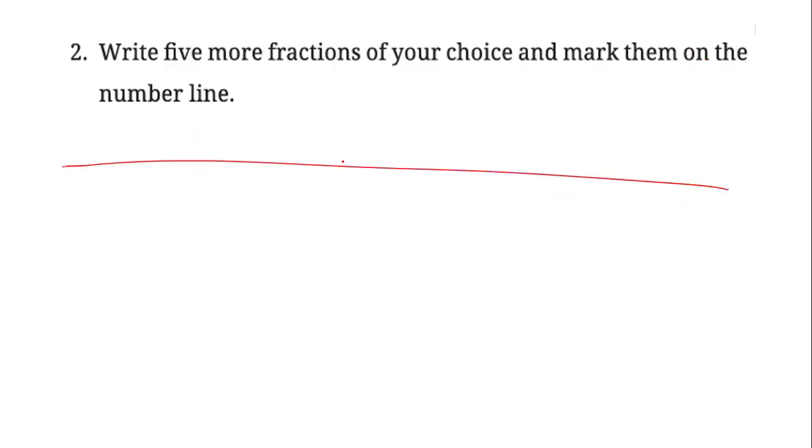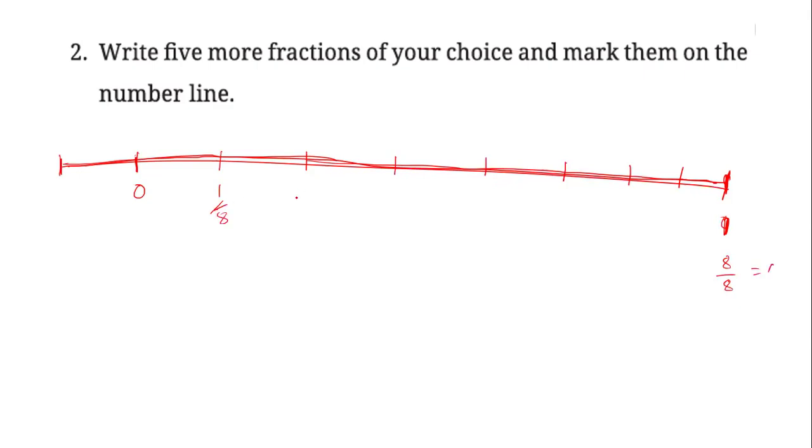This is a number line. 0 to 1, 0 to 1 unit, 1, 2, 3, 4, 5, 6, 7, 8. 8 by 8 is equal to 1. 1 by 8, 2 by 8, 3 by 8, 4 by 8, 5 by 8, 6 by 8, 7 by 8, 8 by 8 is equal to 1.